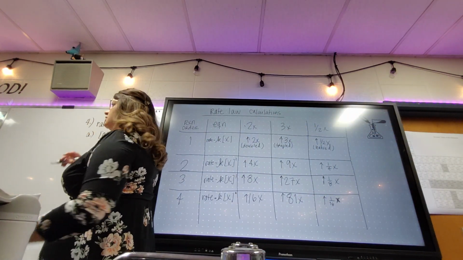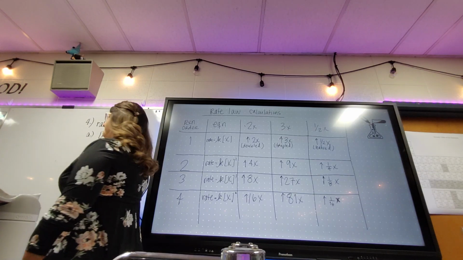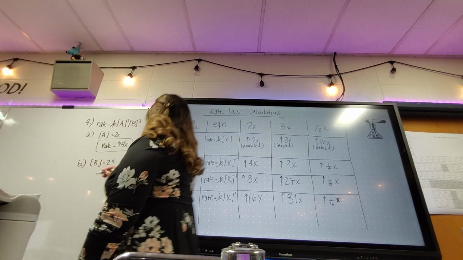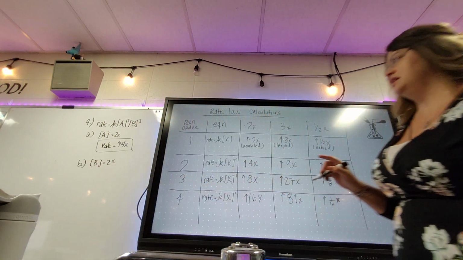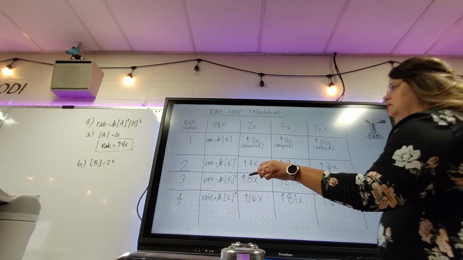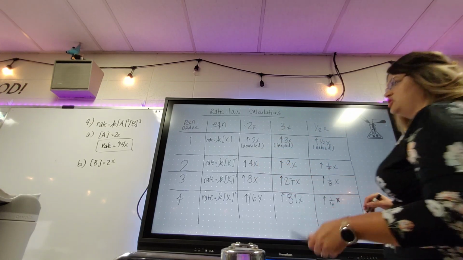So what is B asking you to do? The same except B. Thank you, Joseph. Okay, so find B's reaction order on the left column. We're doubling it. So what should happen to your rate?